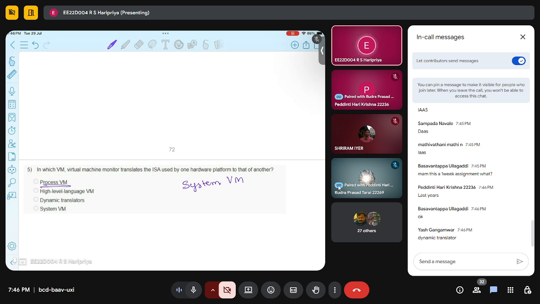What is process VM? It is designed to run a single process or an application, and it abstracts only the execution environment of that process, for example JVM. It doesn't handle the low level instruction set architecture translations. And next, high level language VM executes programs written in a specific language like Java.